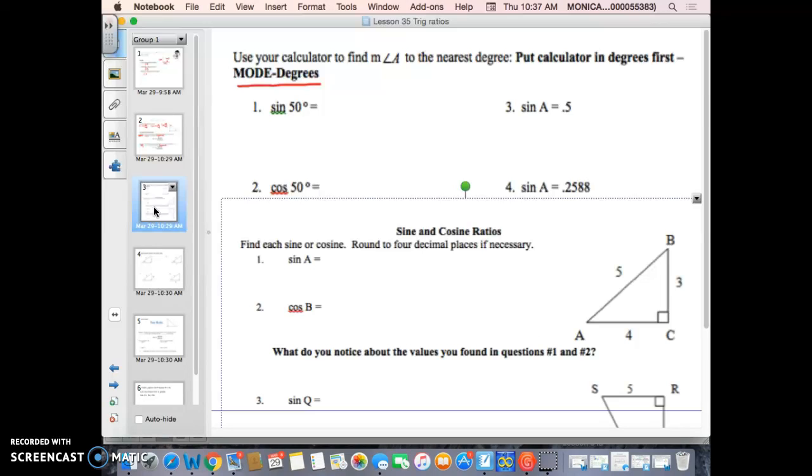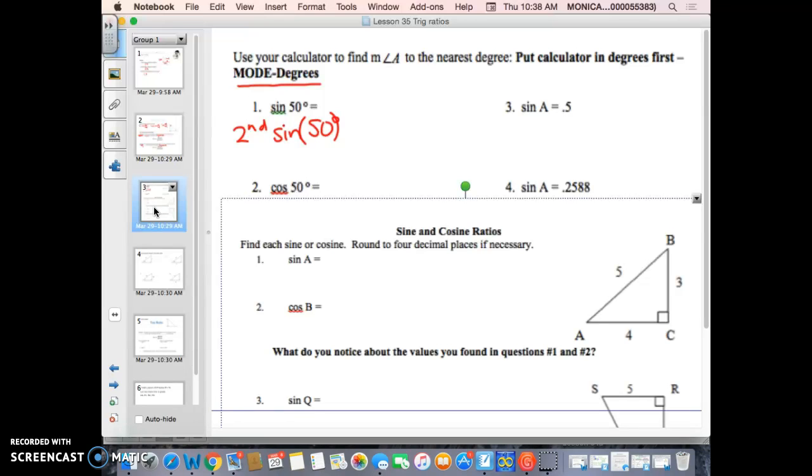When you do this in your calculator, practice this now, rather than just copying this off the video. You actually want to take your calculator and practice this. You hit sine of 50 degrees. Well, if they give you what the degrees is, you want to find what the ratio is. So actually you have to hit second, then sine, and then 50 degrees, and make sure you close your parentheses.